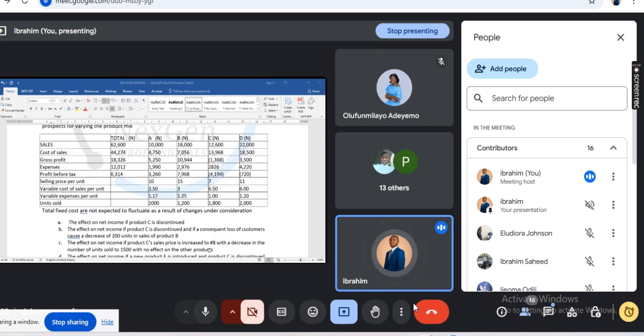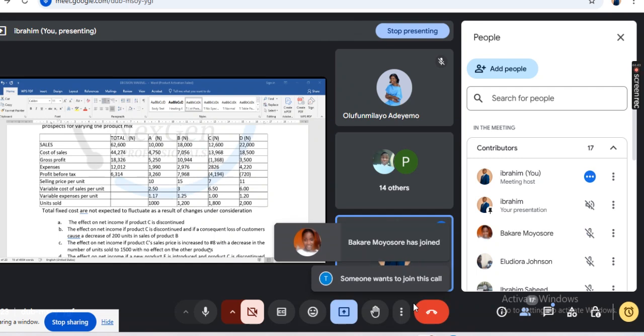That is why, with an increase in the selling price, definitely there will be a decrease in the number of units sold. It means that particular product is a substitute product. You can use this to substitute another product. It is not a necessity. Because if it is a necessity, people will still buy it despite the increase in the selling price.